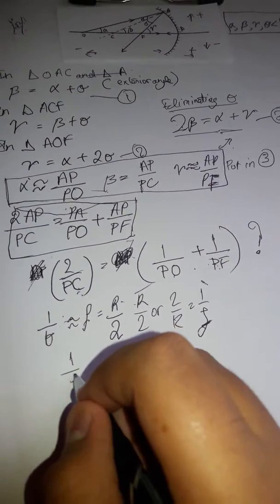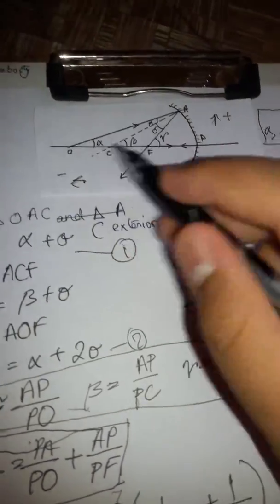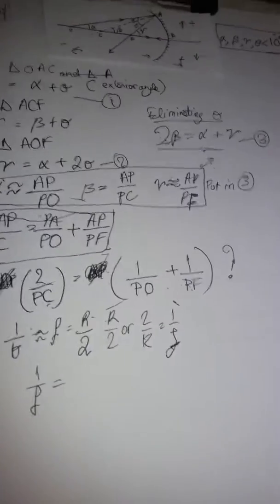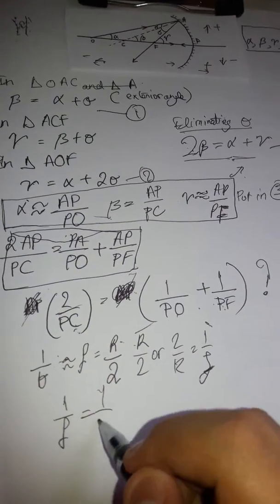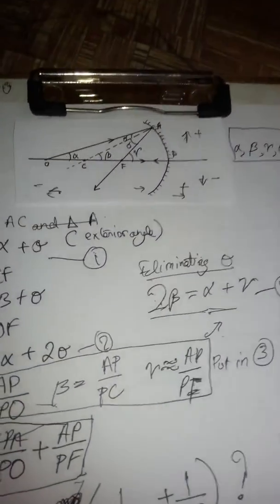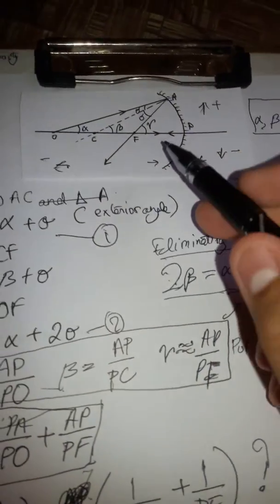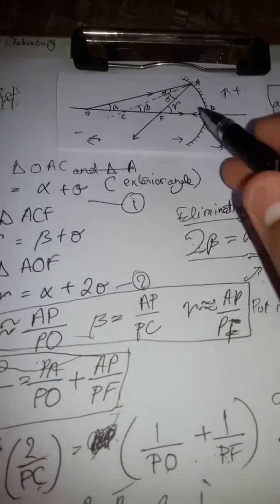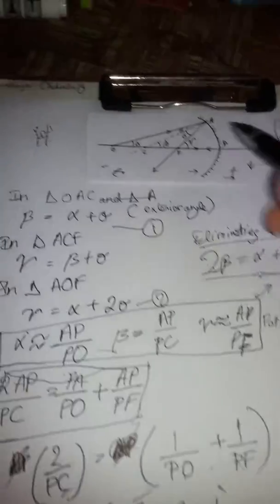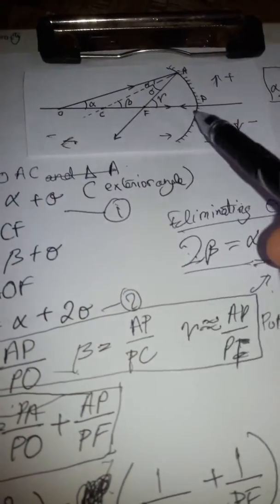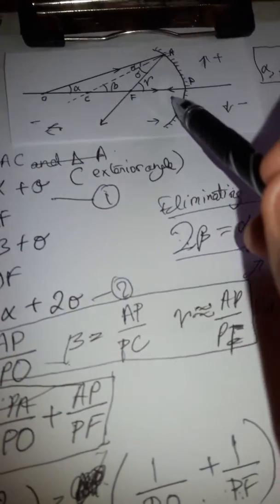So 1 by f is equal to PO. What is PO? PO is the distance of the object from the pole. So we can denote object distance as 1 by u, and we know that the PF, when it's meeting the focus, and you can see this ray which is coming through the principal focus, it is going undeviated because it's touching the pole, right?